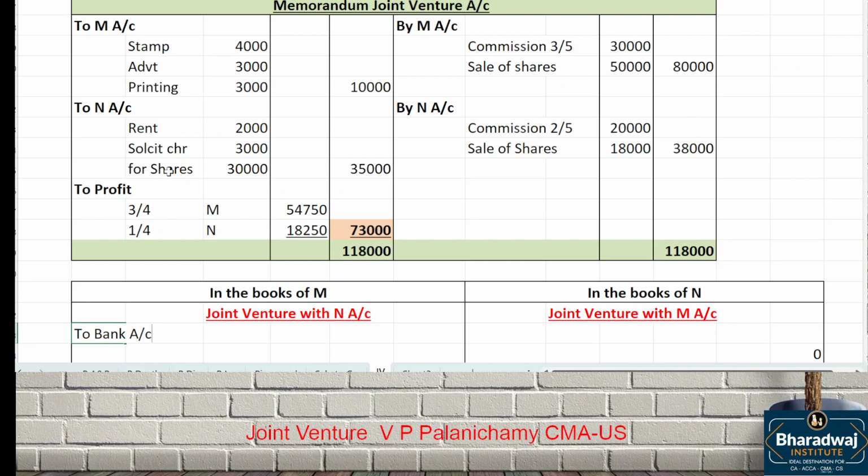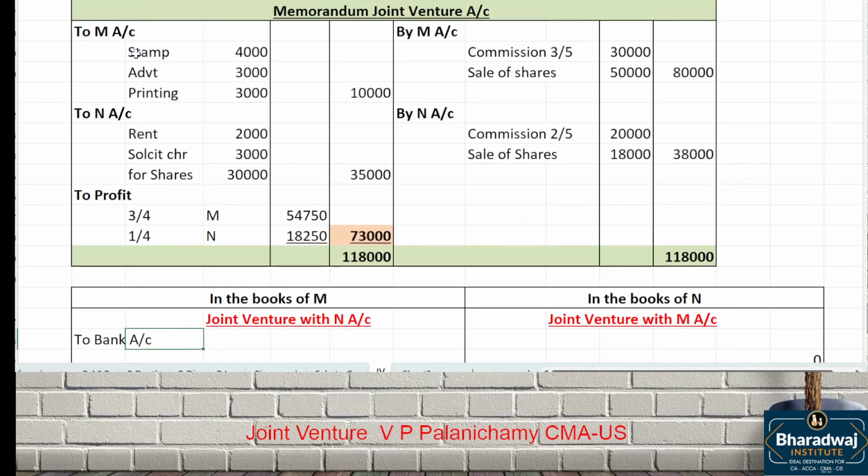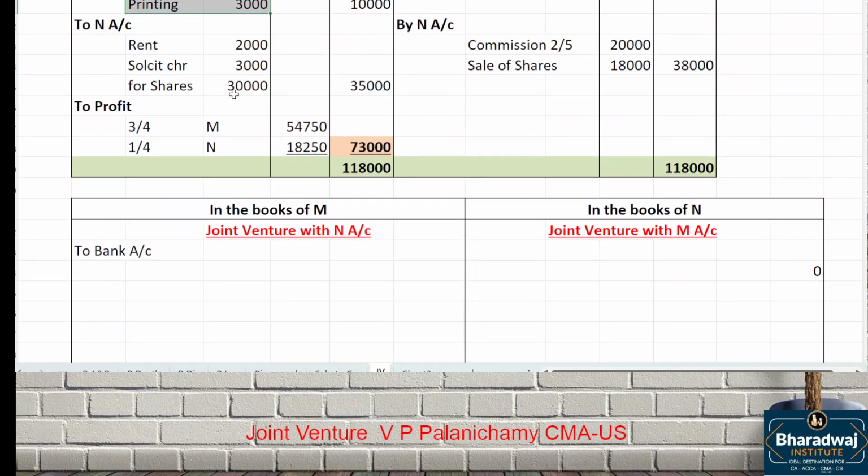Listen for 2-3 minutes, then you can copy in the books of M and N. Pay attention. Whatever is M's expenses will come to cash or bank account. What are the expenses paid by him? Stamp duty, how much? 4,000. Advertisement? 3,000.